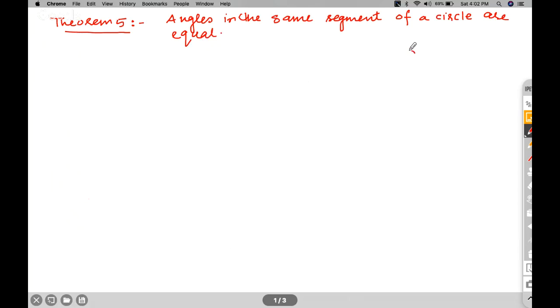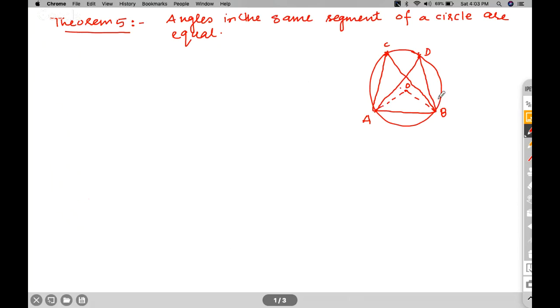So let's draw it, and let's draw an arc AB. Sorry, this is the center, and these are the 2 points C and D. So let me draw a line like this, and a line like this.